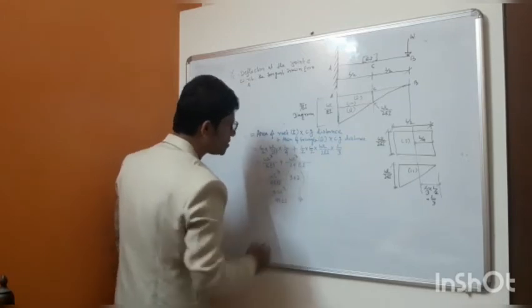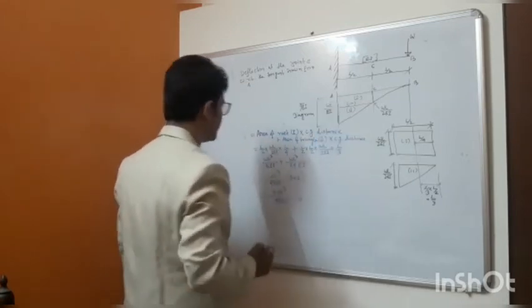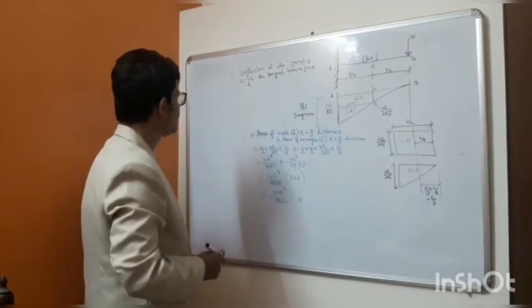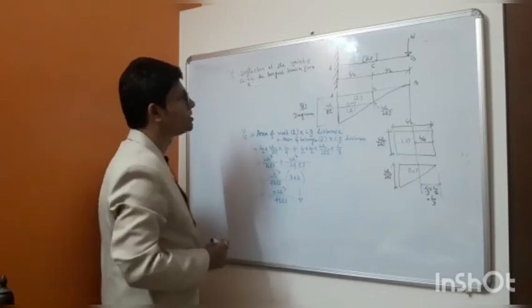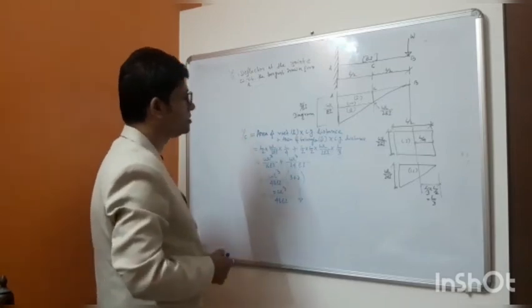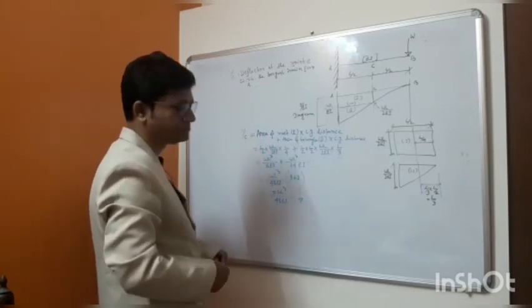This is downward, hence the negative sign. So this is the deflection at C from the tangent drawn from A.